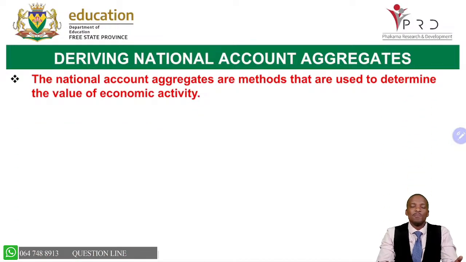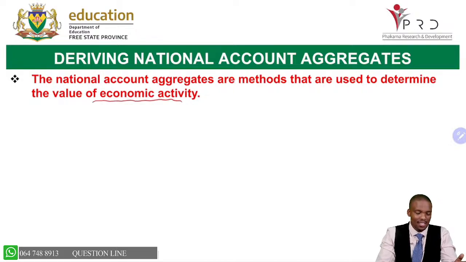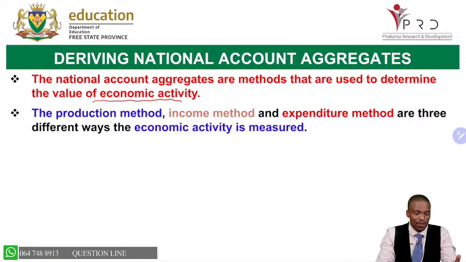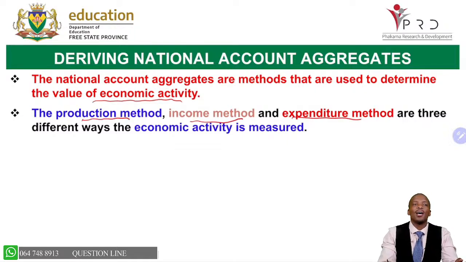Then we get to the system of national accounts aggregate, where we say the national accounts aggregates are methods that are used to determine the value of economic activities. We use the following methods to calculate the value of economic activities at market price, where we use the production method, the income method, as well as the expenditure method.